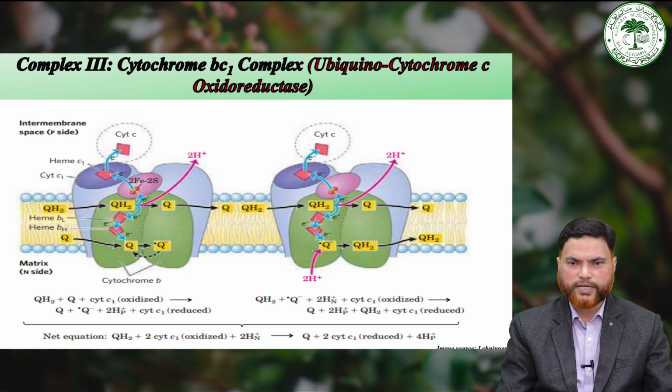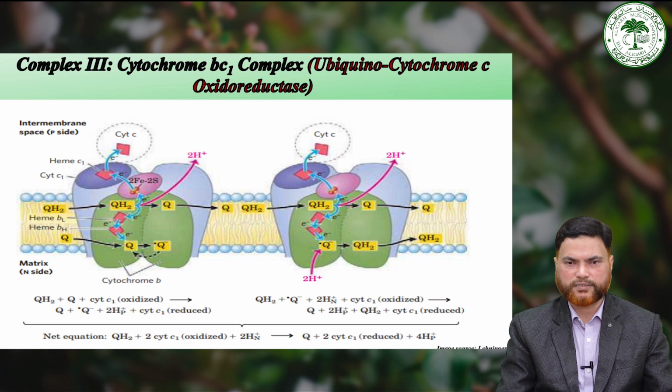The Q cycle serves as a pivotal aspect of cellular respiration and plays a very crucial role in the electron transport chain within the mitochondria, where the majority of ATP production takes place. This process is integral to energy generation in aerobic organisms, providing the energy necessary for various cellular activities.